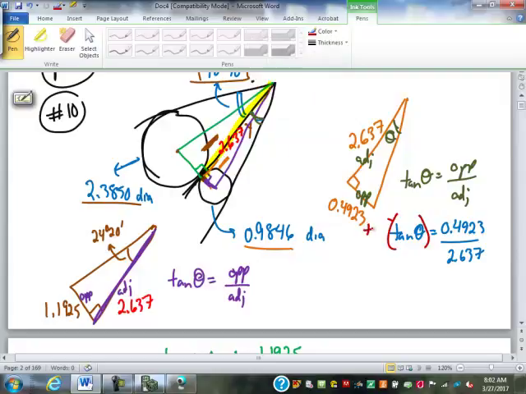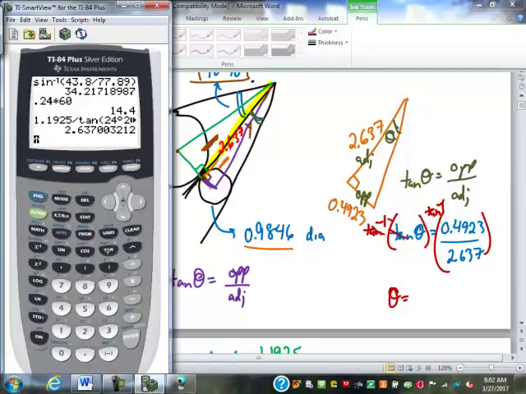That's a tangent, so we're using an inverse tangent. So theta is equal to the inverse tangent of the 0.4923 divided by 2.637 gives us an angle of 10.575 degrees.